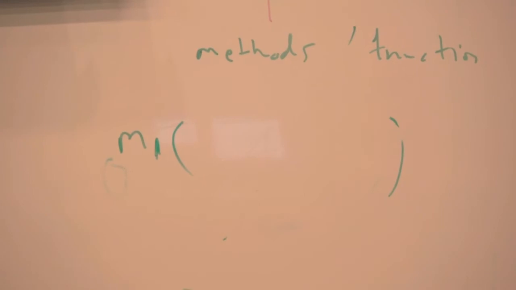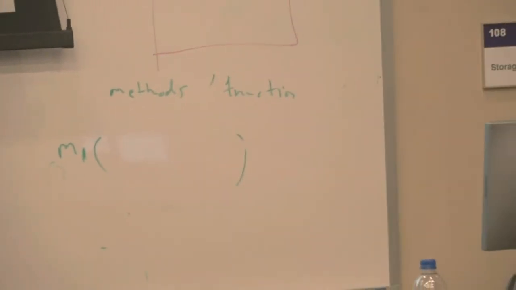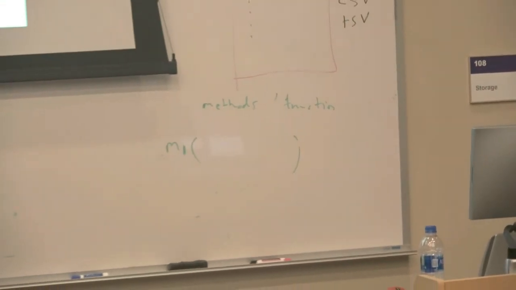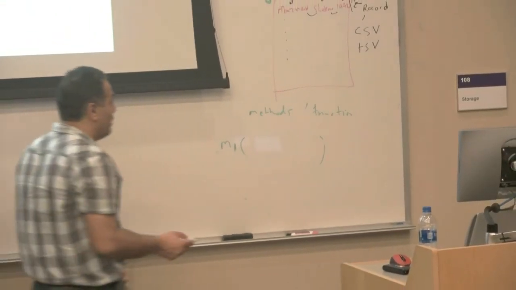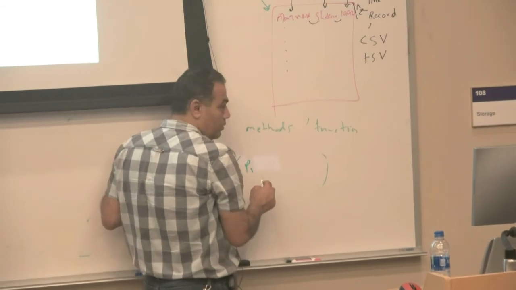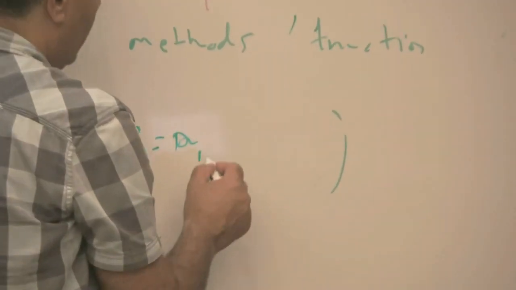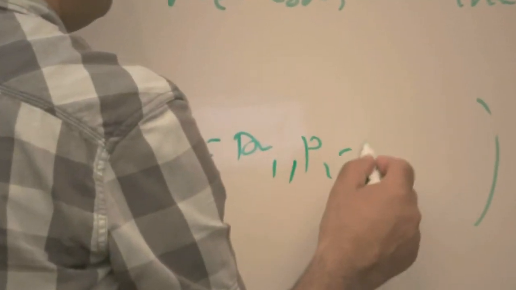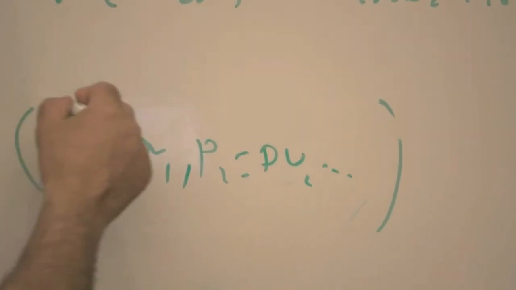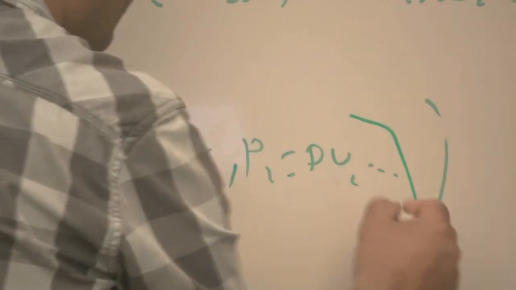Many times we don't pass parameters. Why? Because we use the default value. So usually, for example, we have parameter 1 equals default value 1, parameter 2 equals default value 2, and so on and so forth. And usually you see the square bracket around that in the manual.